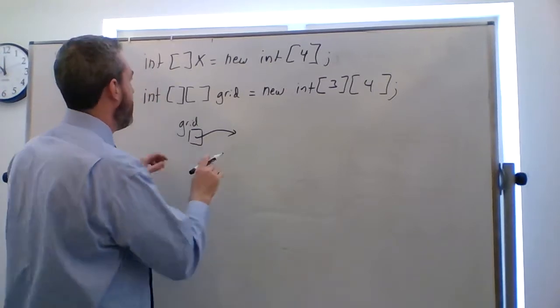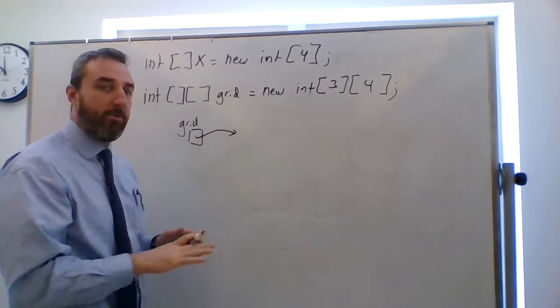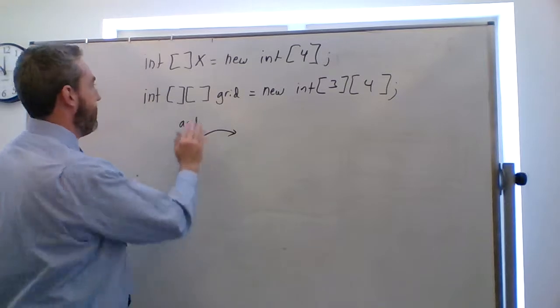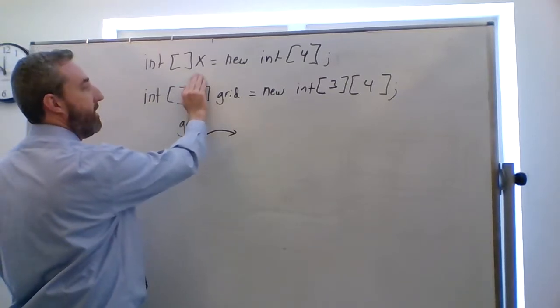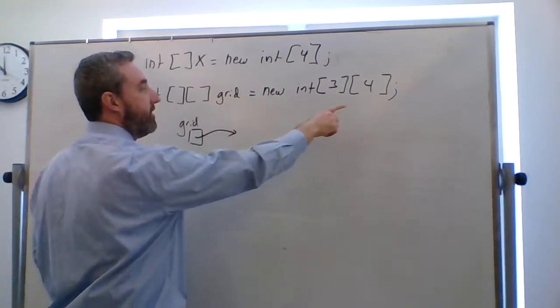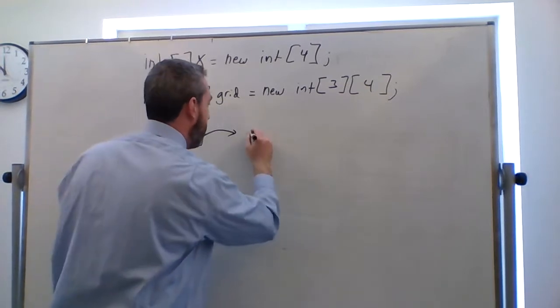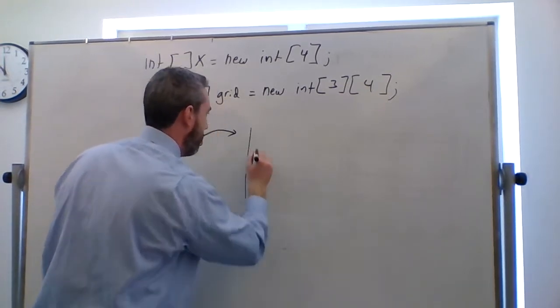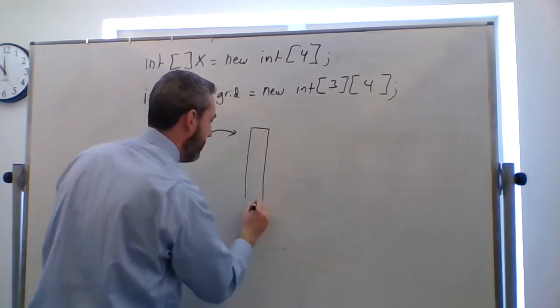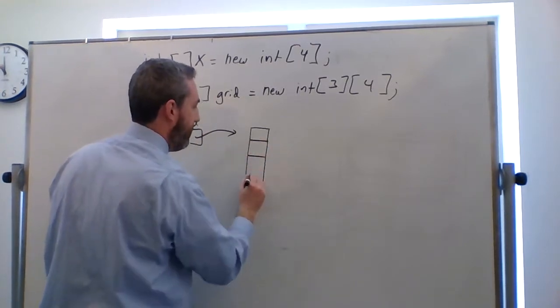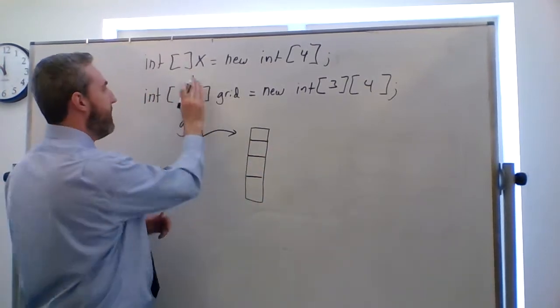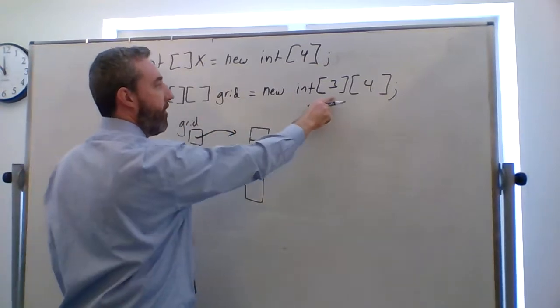But the two-dimensional array is easier to think about if you eliminate one dimension first. So I still have an array of ints, and that array of ints is 4. All right, so I'm going to make it vertically this time. 1, 2, 3, 4. But I don't just have one of them, I have 3 of them.